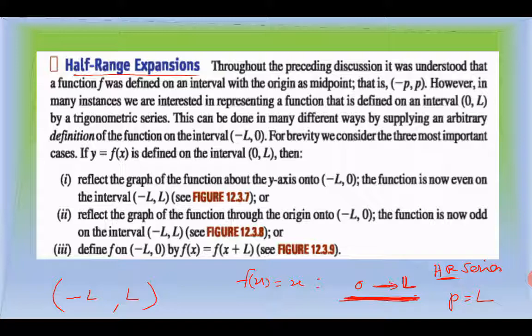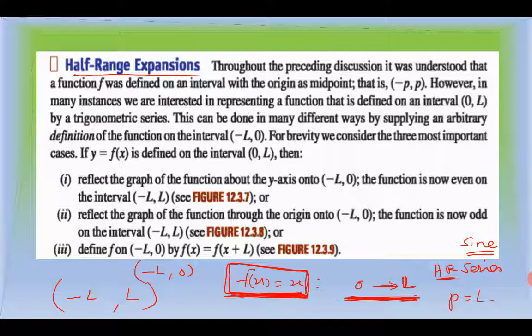So what happens? We can convert this into either an odd function or an even function, depending upon the requirement of the question. If they are looking for a half range sine series, we have to construct the other part of f of x in the interval minus L to 0 such that f of x becomes odd.